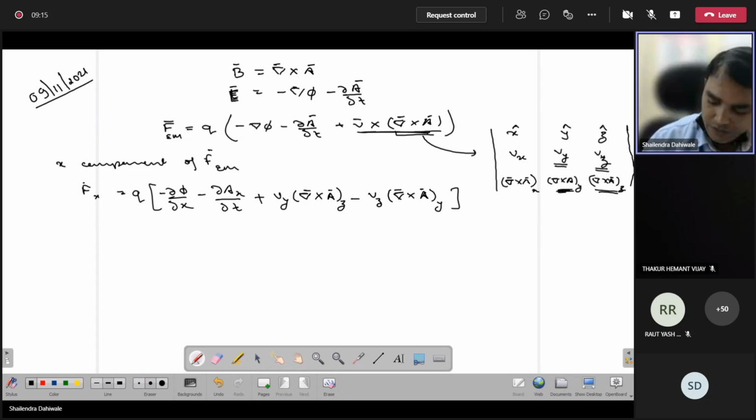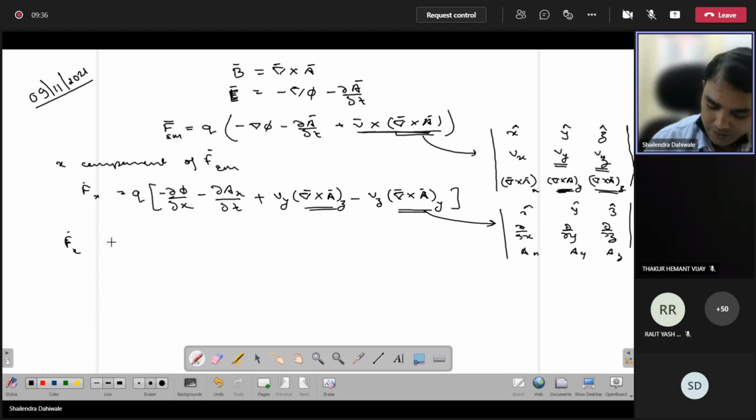Now you can solve this also. So this is x cap, y cap, z cap, del x, del y, del z, and then Ax, Ay, Az. So only the z component of this, let me write it here: minus del phi by del x minus del Ax by del t plus Vy into the z component of it.